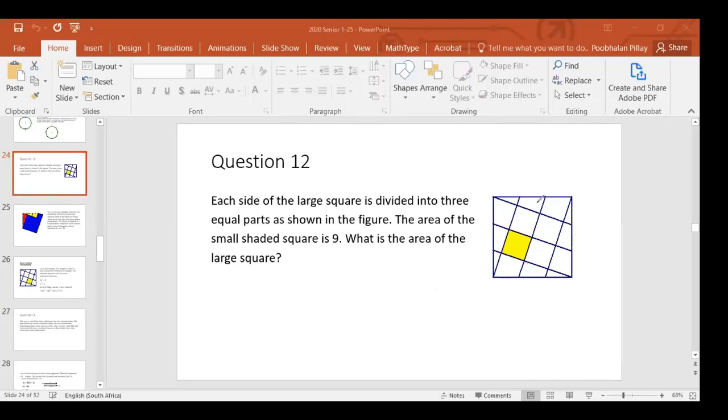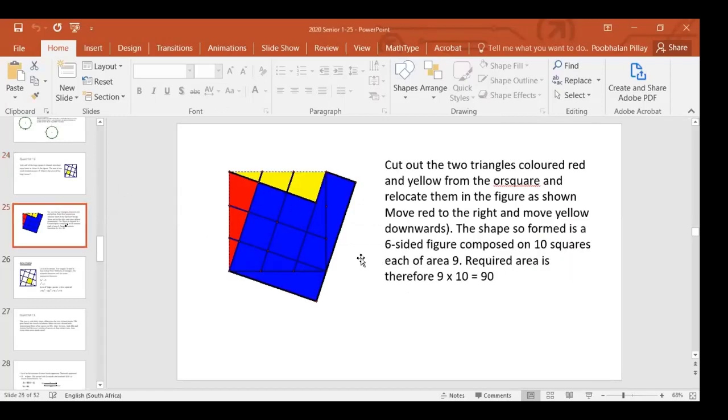I told myself, look here. Why don't I cut out pieces of this original square and fix it into this to create a larger square? Now watch. See, there's the original square.